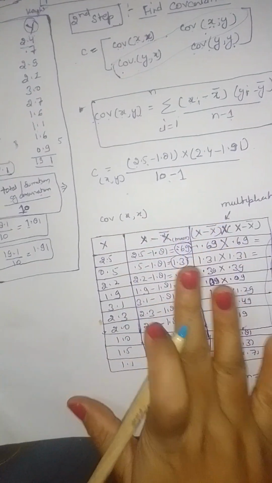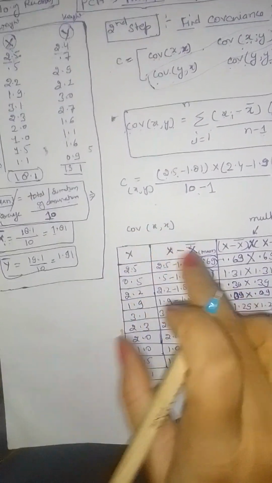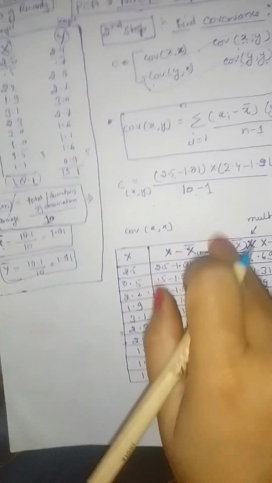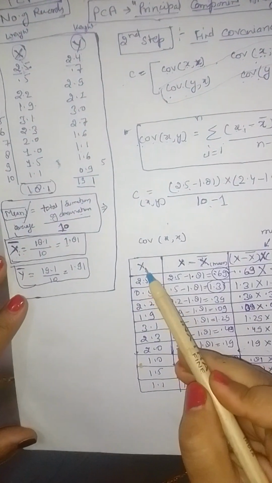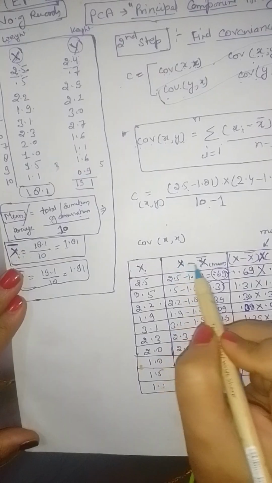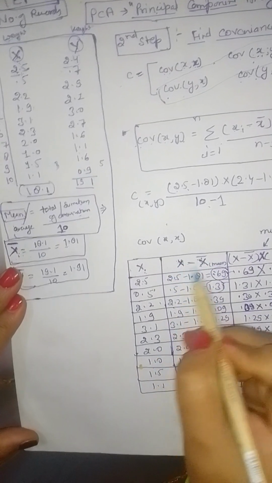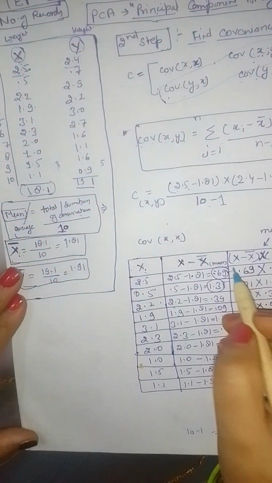After doing all these things I have made this particular table for you. Likewise, we have calculated the covariance of xx. The covariance of yy would be extracted the same way. The difference would be like this: in place of x we will take y, and in place of x minus x bar, we will take y minus y bar.